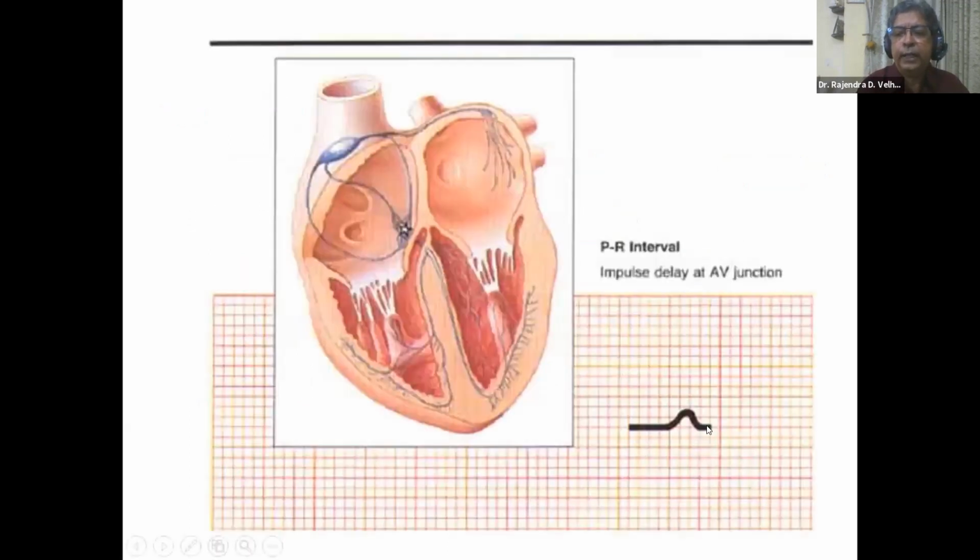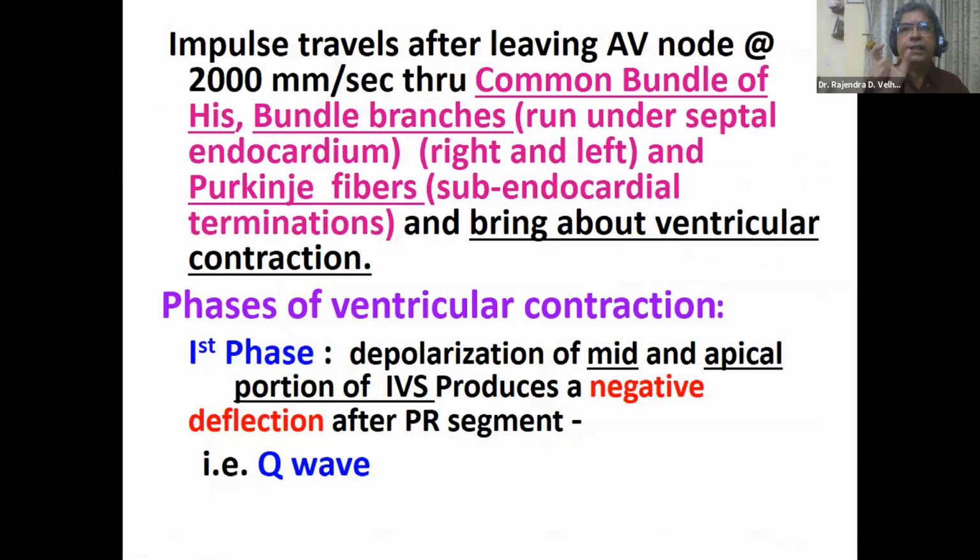This straight line, seen when the impulse passes through the AV node, is called the PR interval, and some books also describe it as the PQ interval. So the PR interval is only a transit time, a delay of the impulse conduction through the AV node.